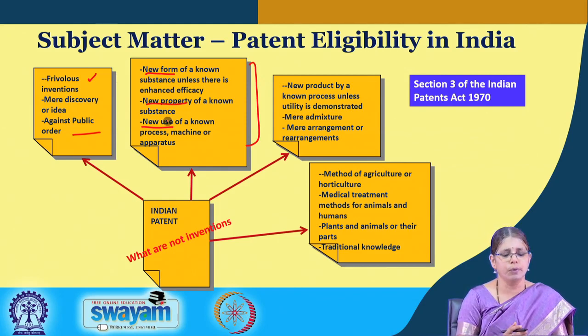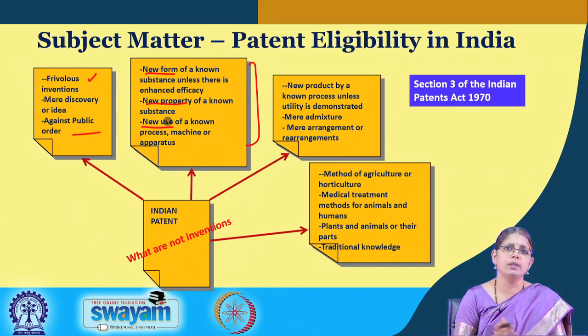Similarly, new uses of known substances, machines, apparatus are not patentable in India. These are what are called Swiss claims, which are again not allowed as subject matter in India. However, they can be taken as patents in the other jurisdictions subject to the criteria provided under the specific law.